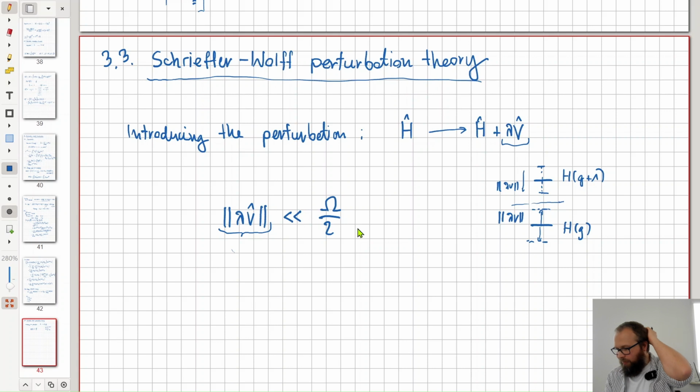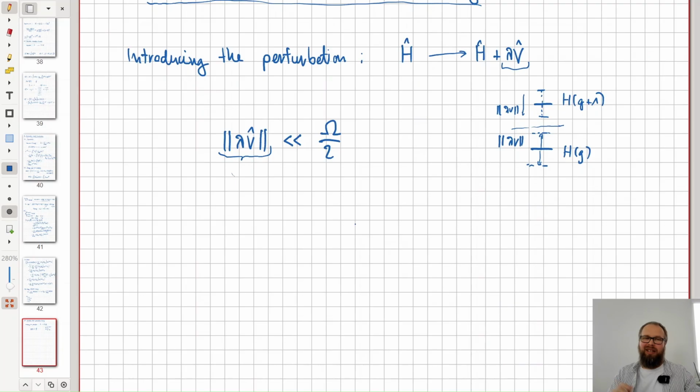And now, if lambda is small enough, this magnitude is controlled. The V itself could be whatever Hermitian operator we want. But just to simplify things a bit, let's assume that the only thing it does is connect the high energy levels with low energy levels. So let us assume that V is of this form.